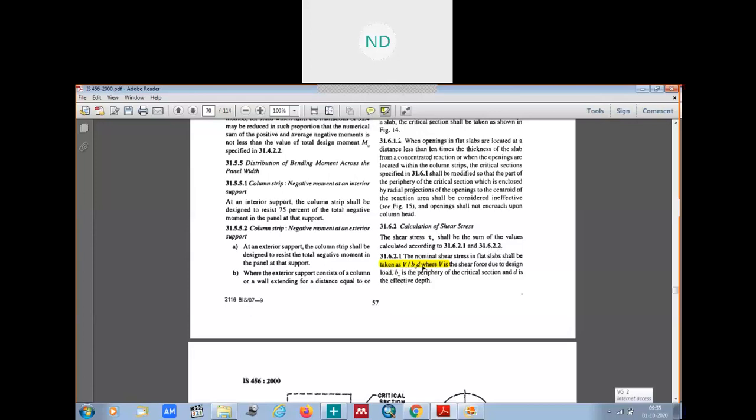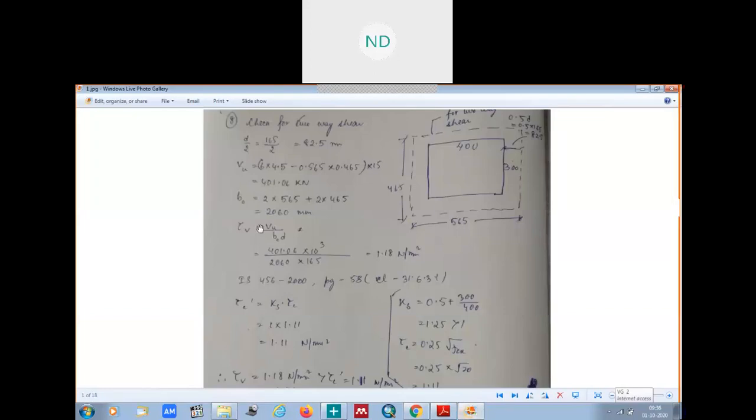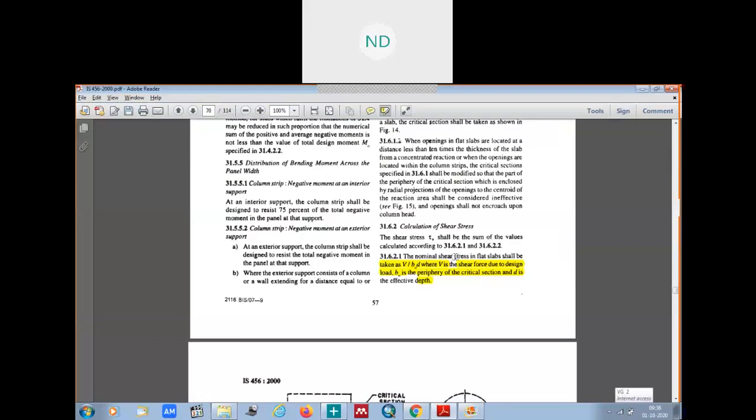To calculate this nominal shear, you have to know your V, which is the shear force due to design load, and b0 is the periphery of the critical section, and d is the effective depth. So to find out what is your VU, if you go here, you see here, we know we have our shear.